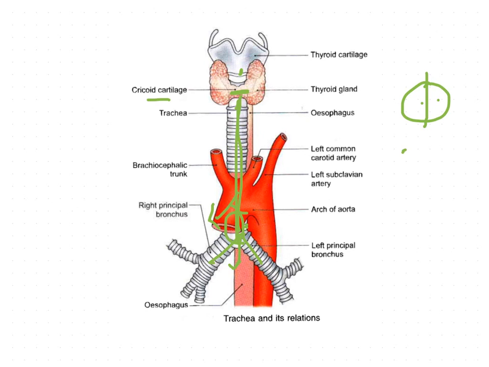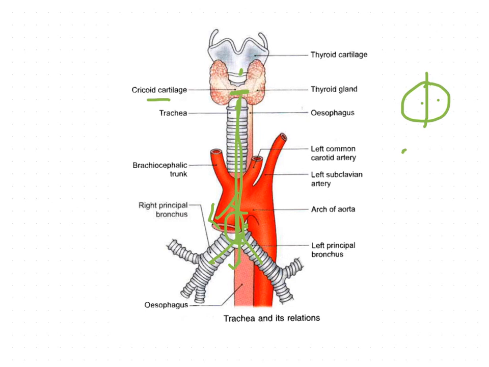As it runs downwards, the trachea passes slightly backwards, following the curvature of the spine, because the thorax has a kyphotic structure, so there is a posterior convexity. Because of that curvature of the spine, as it runs downwards, the trachea passes slightly backward.